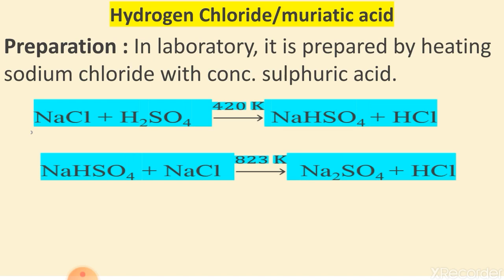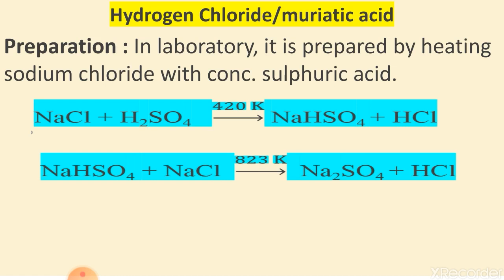In the second stage, the mixture was heated to about 550 degrees centigrade, or 823 Kelvin, when further reaction with the H2SO4 occurred and Na2SO4 was formed. This byproduct was sold mostly for paper making.